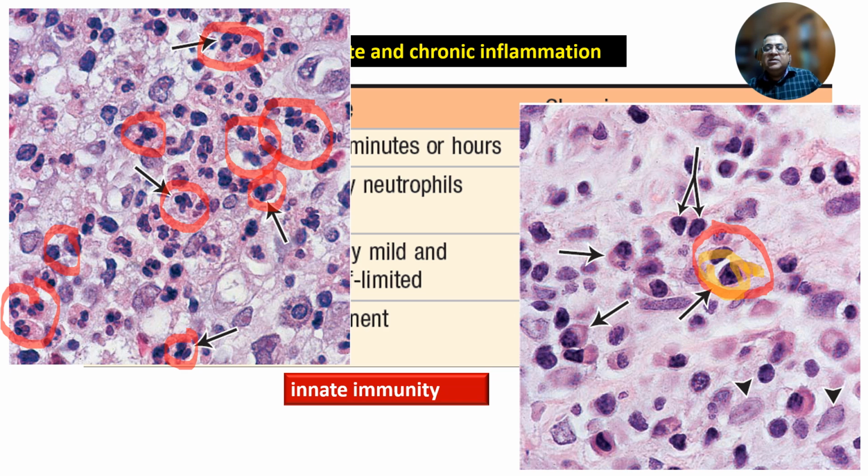There is presence of macrophages also. These are large cells as compared to these ones, with a central nucleus, the macrophages, and some lymphocytes are also obviously present over here.